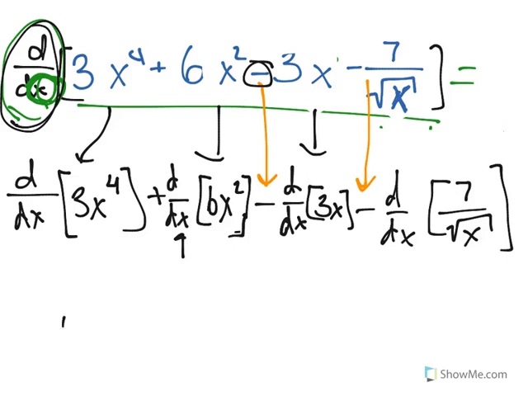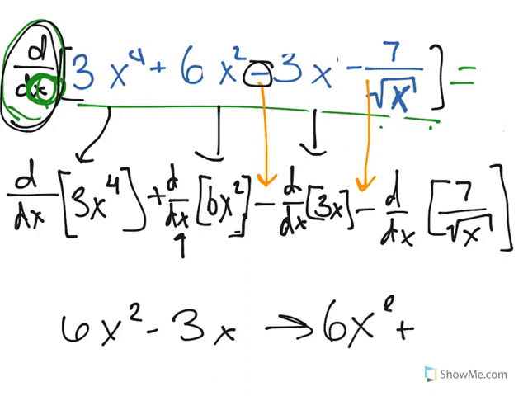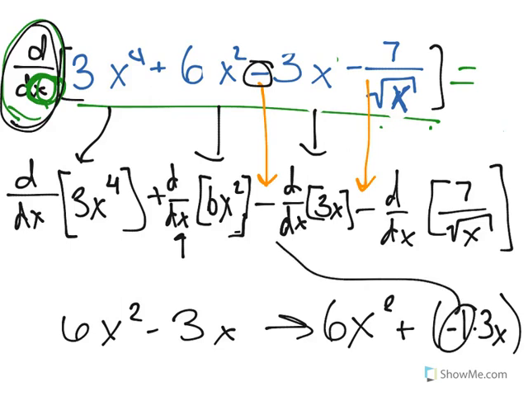Let me rephrase this. If you have, for example, 6x squared minus 3x, you can just think of this as 6x squared plus negative 1 times 3 times x, right? By taking out the negative 1 and keeping the subtraction, just like we had here, it's an extension of the constant multiple rule.